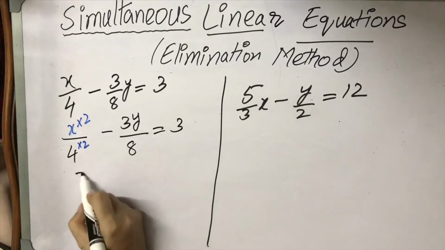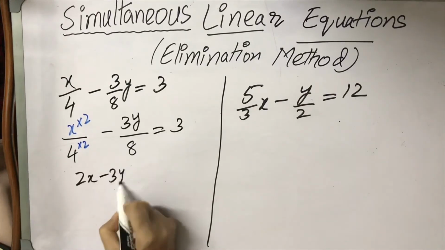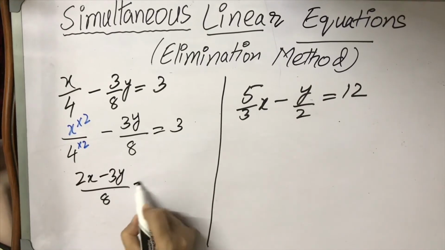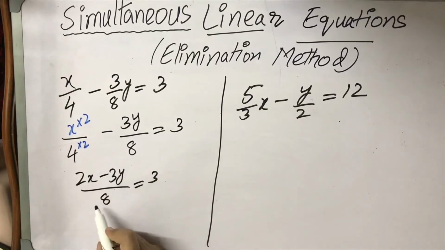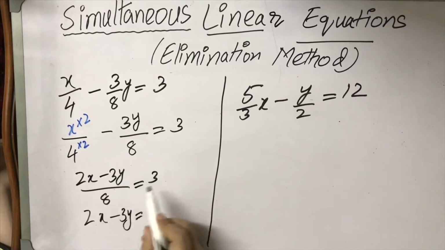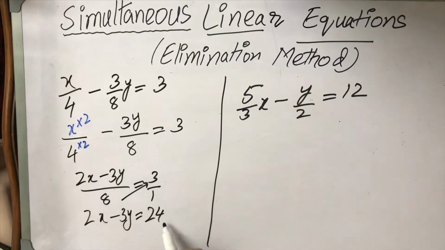After making the denominators same, we can subtract the numerators. 2x minus 3y is equals to, this 8 will go to the other side, or in other words, cross multiplication. 8 3s are 24. This is the standard form of first equation.